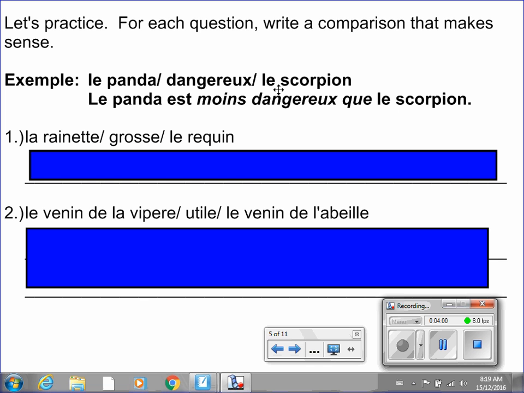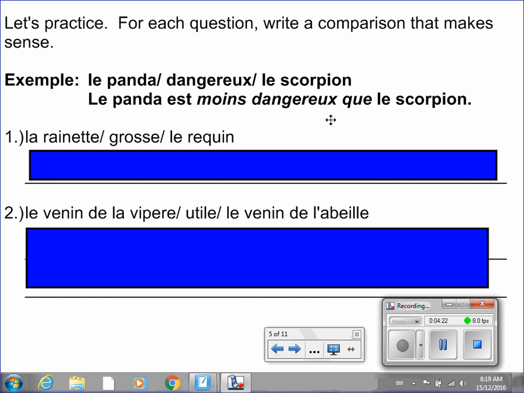And my thinking is a panda is less dangerous than a scorpion. So I would write le panda a meaning is, moins, less, dangereux, dangerous, que than the scorpion. So the panda is less dangerous than the scorpion.